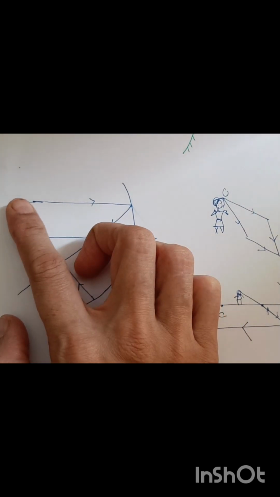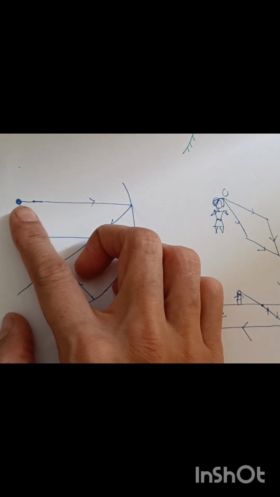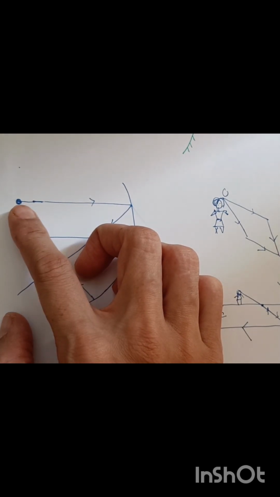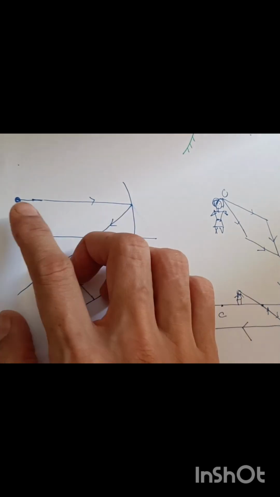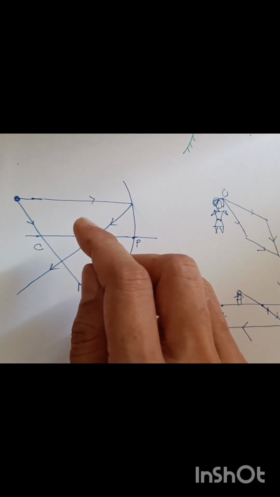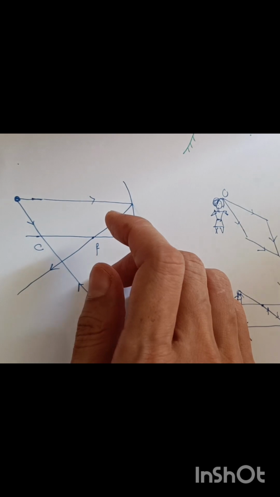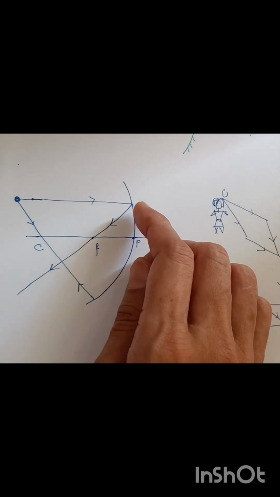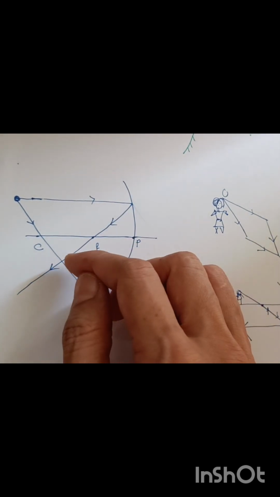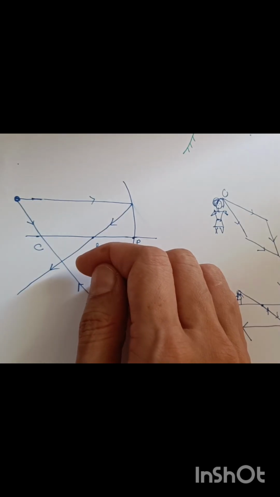There will be a source point on the object. From that source point two rays originate, and when the two rays meet again after reflection from the surface, they make an image.